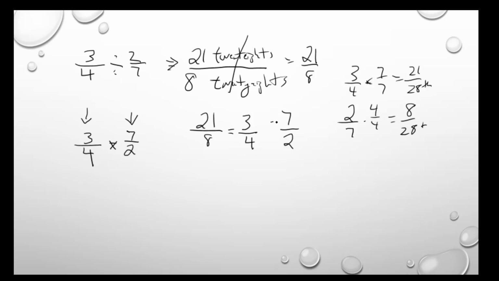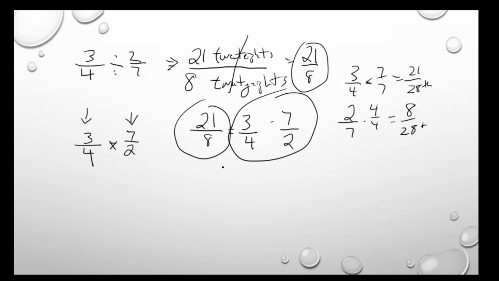Because when we multiply straight across, 3 times 7 is 21, 4 times 2 is 8. It's the same answer. So that just shows you that dividing is the same as multiplying by the reciprocal.